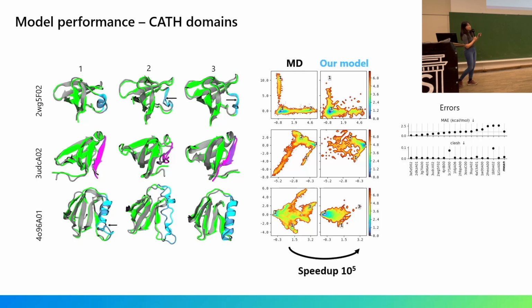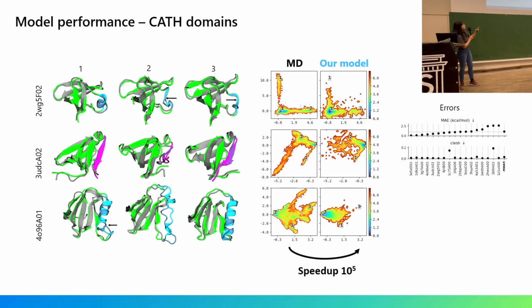TICA is a very similar analysis, but instead of the covariance matrix, it looks at the time autocorrelation matrix. Briefly speaking, this is a low-dimensional visualization of our high-dimensional protein structure data.